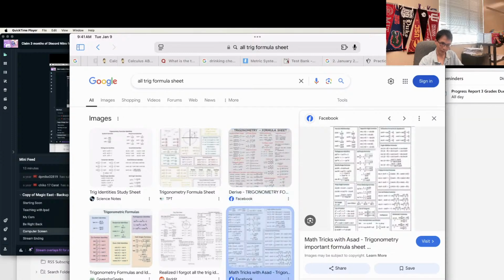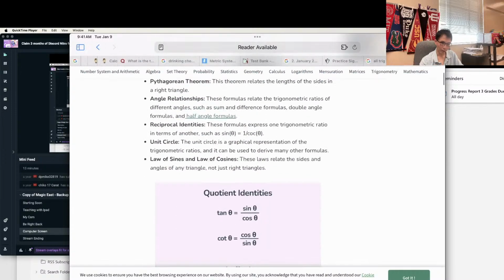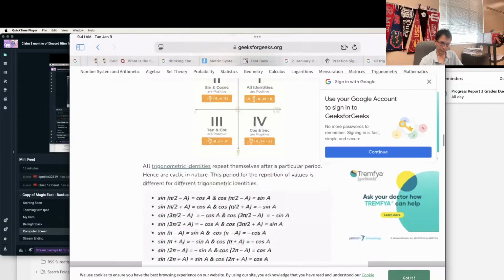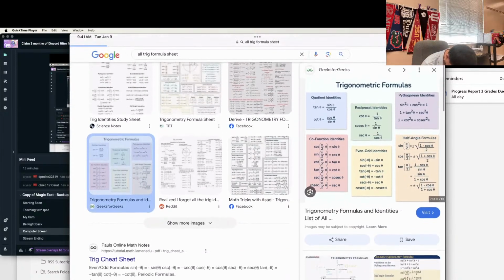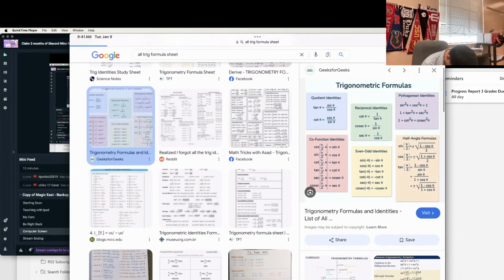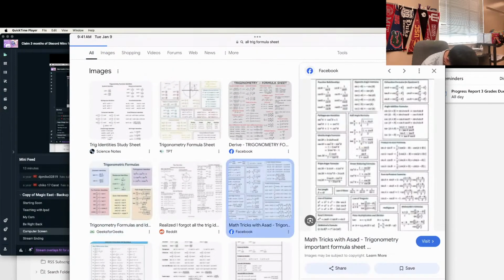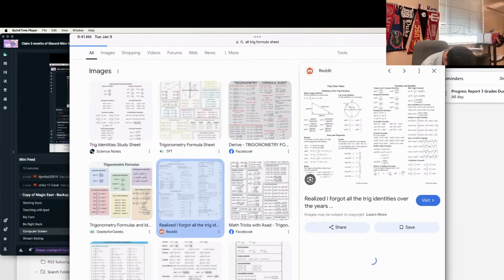Let's look at this one. Maybe this one's better. No, it's not better. Let me see. Why is it so blurry? I think this one looks good. From Reddit, must be good, right?